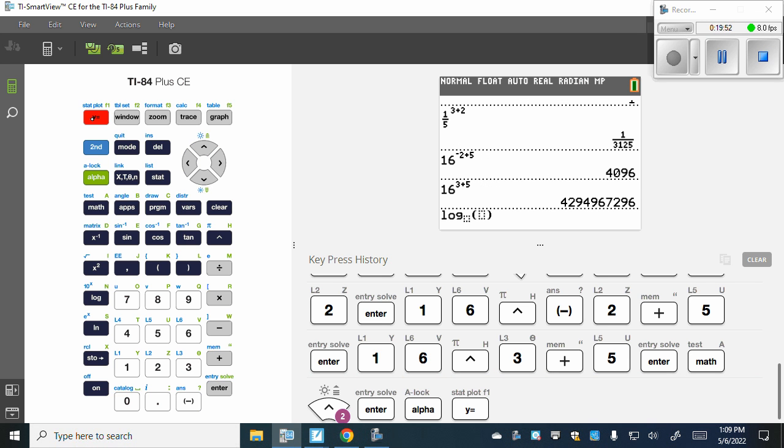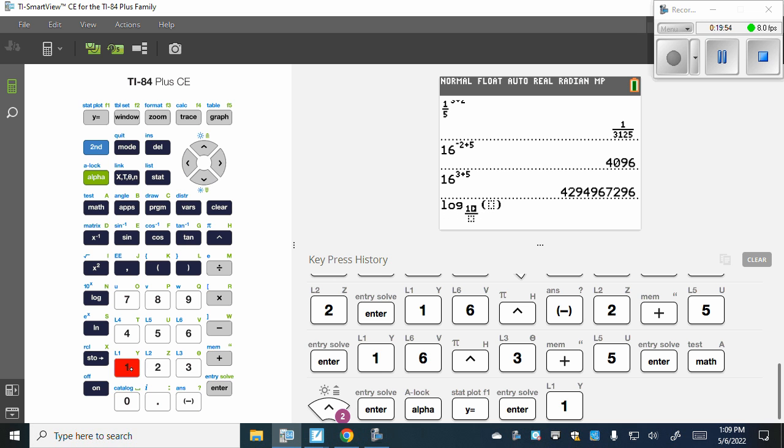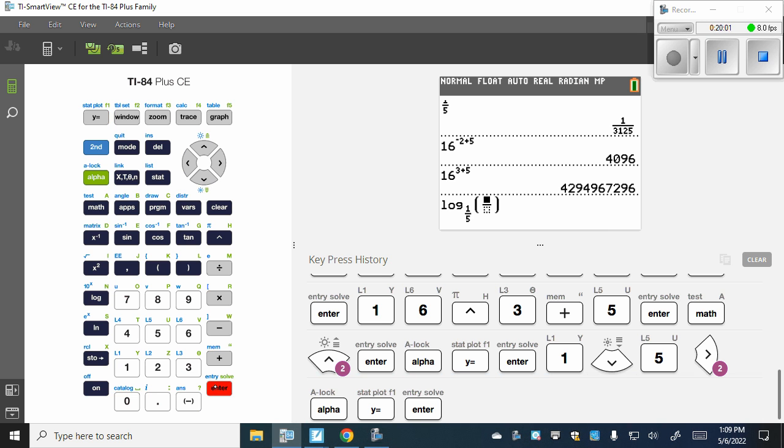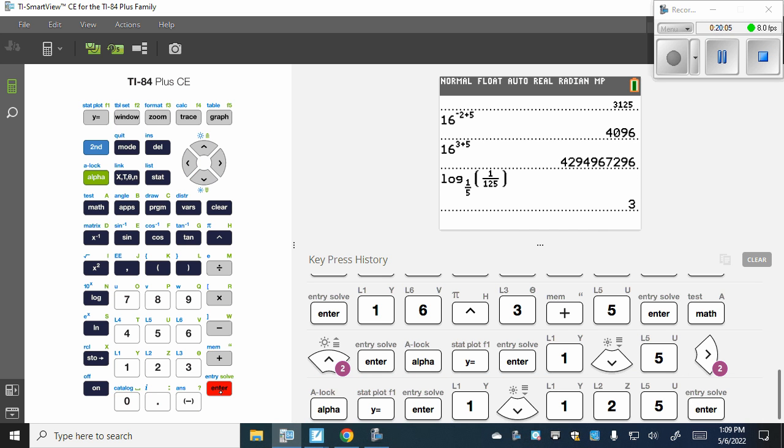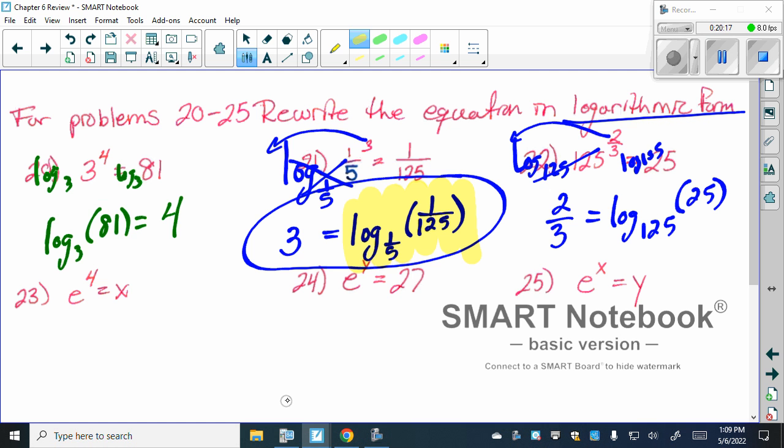So alpha y equals, enter, 1/5. Alpha y equals, enter, 1 over 125. It should give you 3. Because if it was 125 instead of 1 over 125, it would be negative 3. So if one of these was not in fractional form, it would be negative 3.